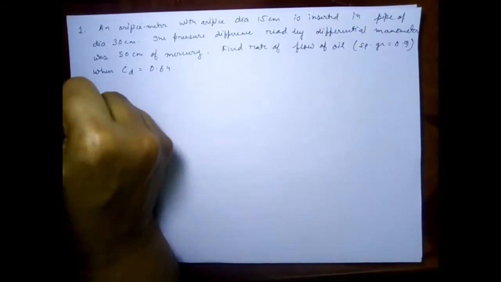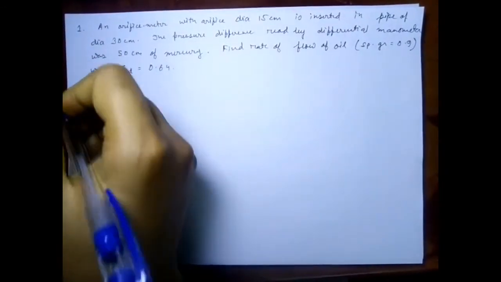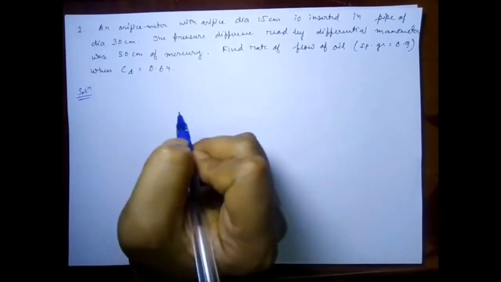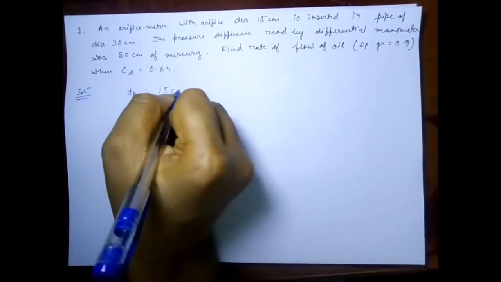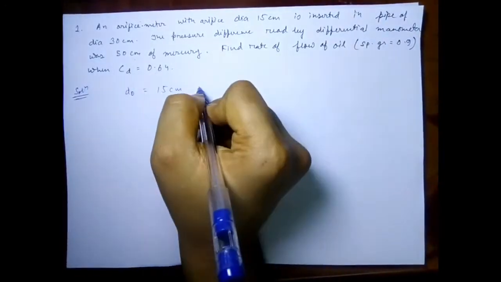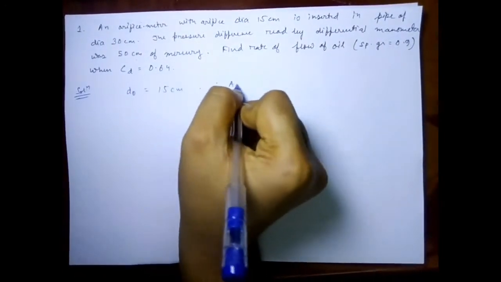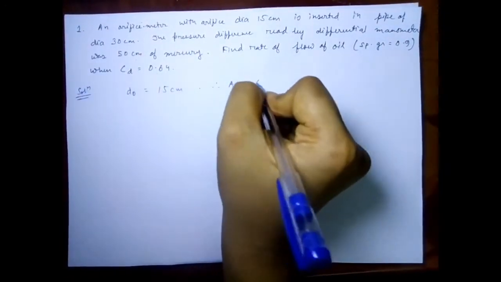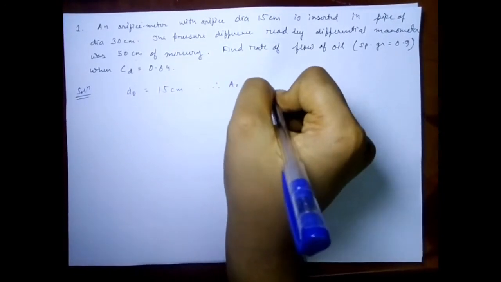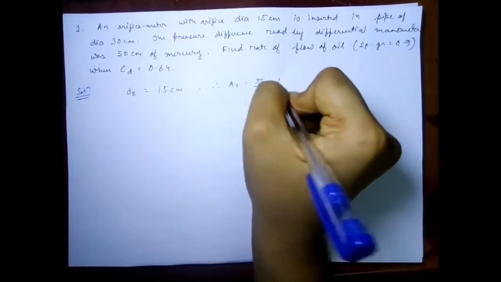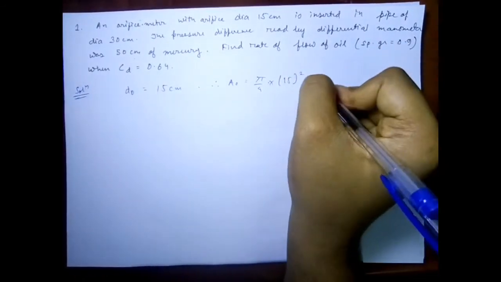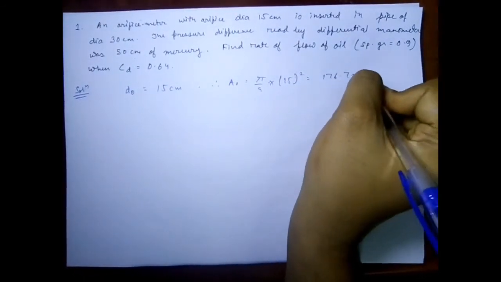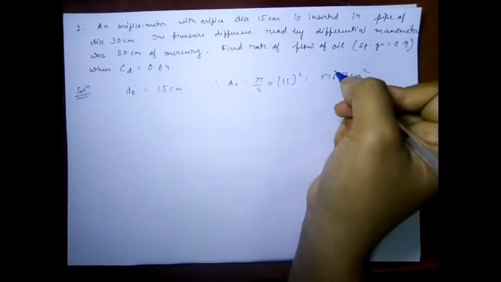So we have the diameter of the orifice D0 equal to 15 cm. Therefore A0 is equal to pi by 4 times 15 squared, and that is equal to 176.7 centimeter square.